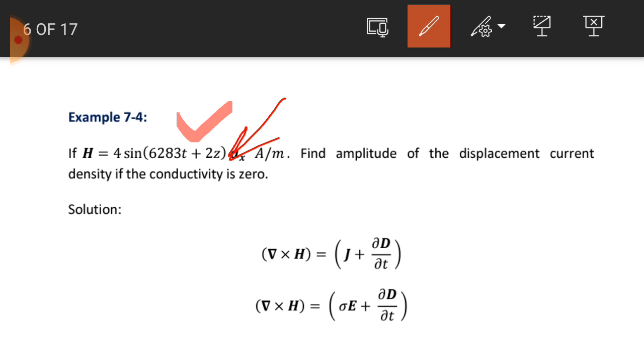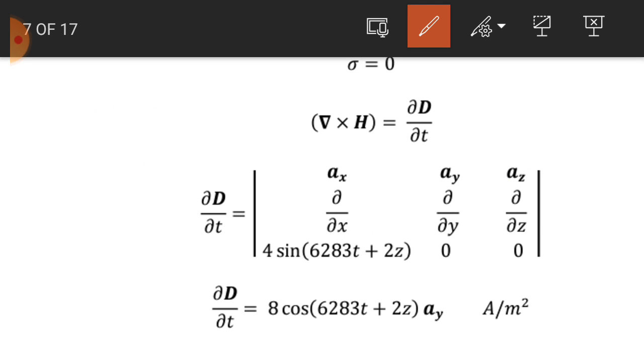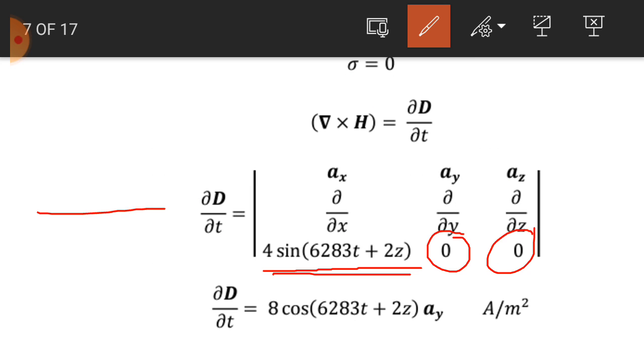The y component is 0, and the z component is 0. So here is the x component, which is 4 into sine of 6283t plus 2z. The y component is 0, and the z component is 0. So we expand this determinant, and the expansion of this determinant gives you the displacement current density, which is curly D by curly t.